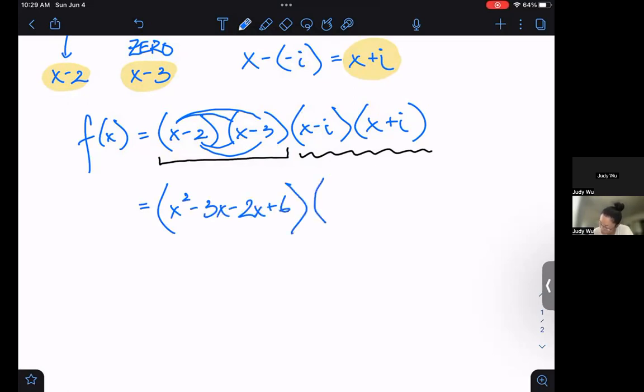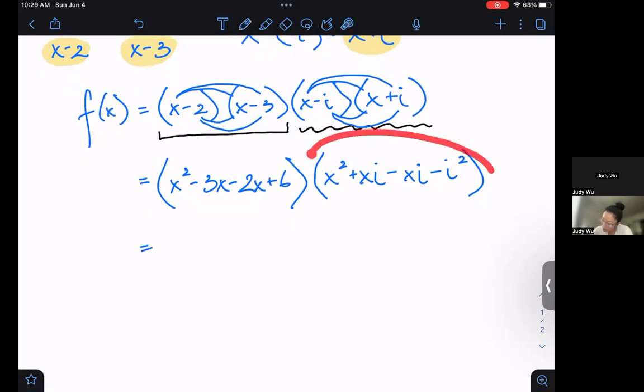And then for the second clump here, I've got x times x, x times i, x times negative i, and negative i times i. That gives me x squared plus xi minus xi minus i squared.